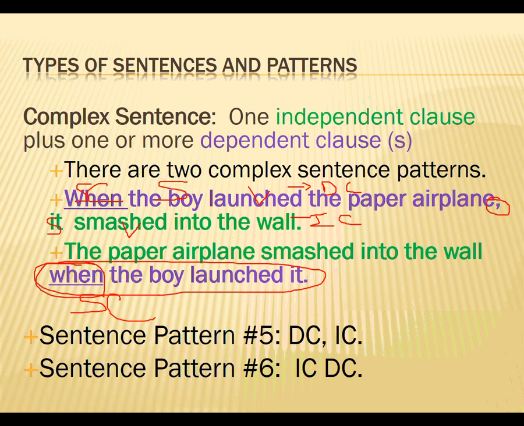A dependent clause always follows the subordinate conjunction. Hence, there are two complex sentence patterns, DC, comma, IC, and IC, DC. Notice only one of the two patterns uses a comma.